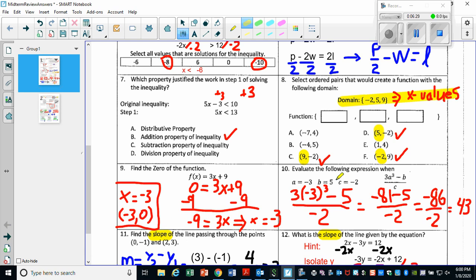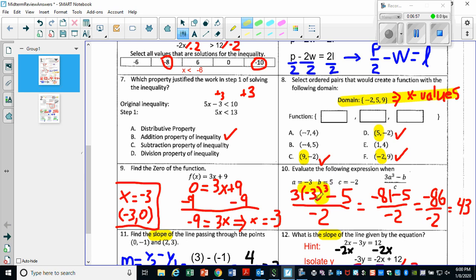Number 10, that's an evaluation. Again, watch your substitution, watch your signs, use parentheses any and every time you replace a variable with a value. That is key here, because -3 to the third power, you have to take care of this part first.